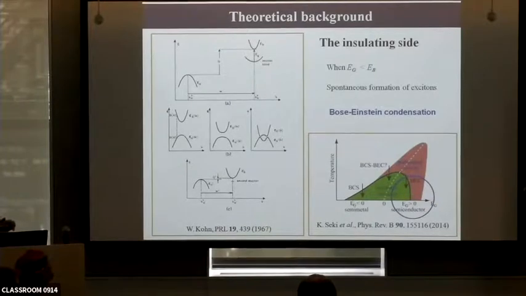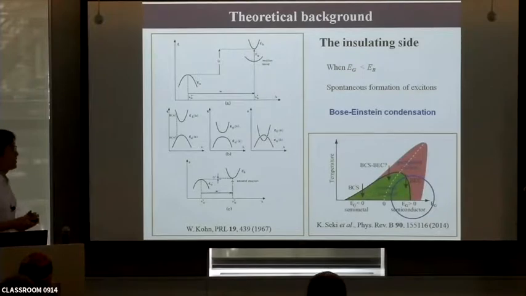When the valence and conduction bands are separated by a finite momentum Q in momentum space, the excitonic instability triggers a charge density wave transition. Due to the charge density wave transition, some spectral weight of the conduction band is transferred to the valence band maximum point, and the band dispersion looks like this.